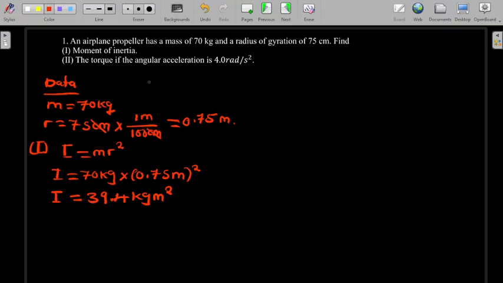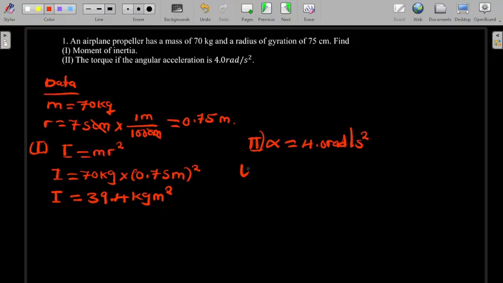Then part 2 is asking us to find the torque if the angular acceleration is 4.0 rad per second squared. Given that we have found the moment of inertia and we are given the angular acceleration, 4.0 rad per second squared, we can find the torque.